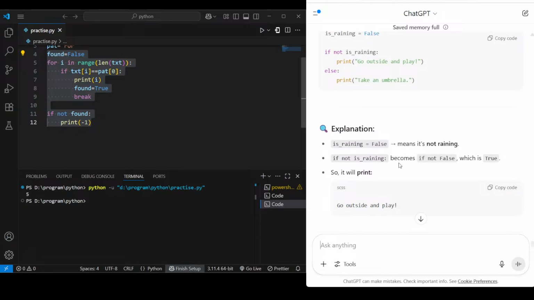If not false becomes if not false. It will compare with the first one.